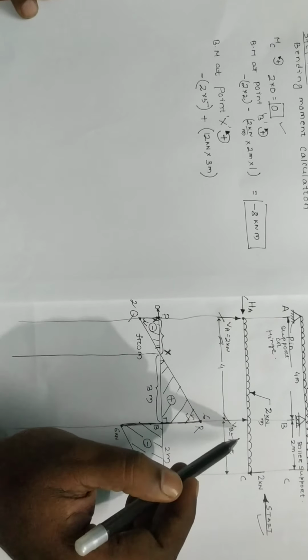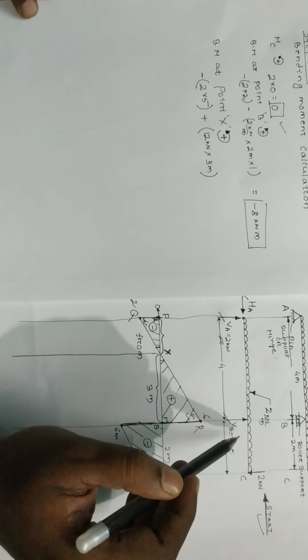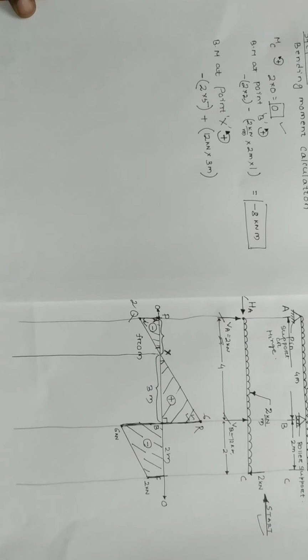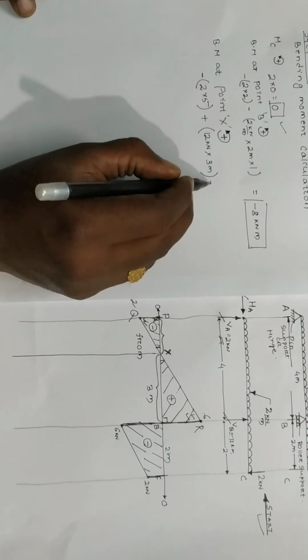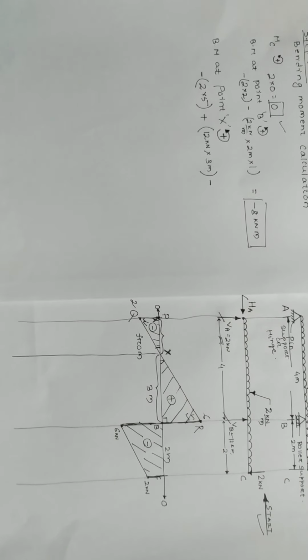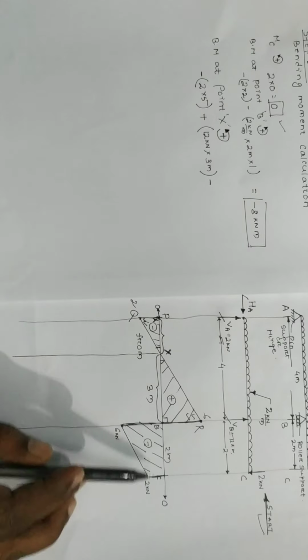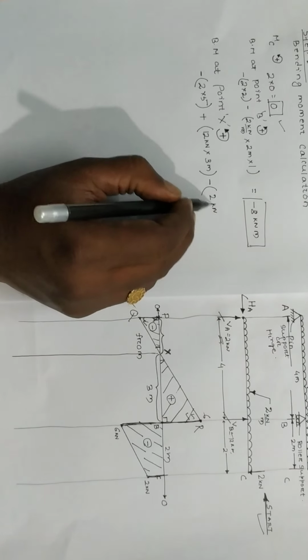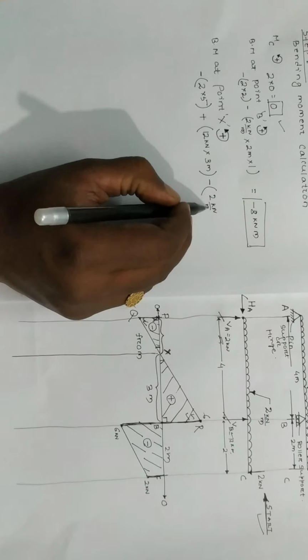Then the UDL. This UDL is vertically downward, so about point X, what will be the sense of the moment? The moment will be clockwise in nature, so this will be minus. First, what will be the force over this span length? Over this length, the force is 2 kilonewton per meter, length is 2 plus 3, 5, so into 5 meter.